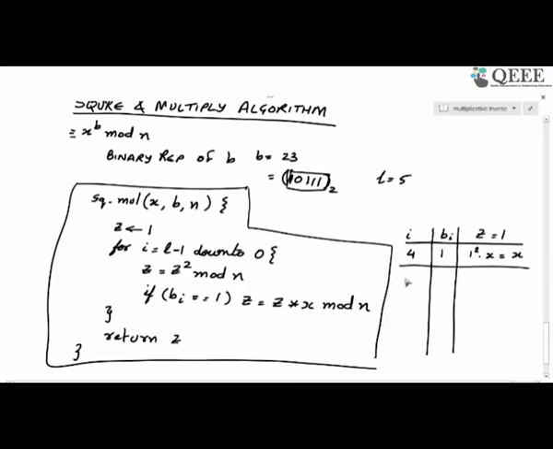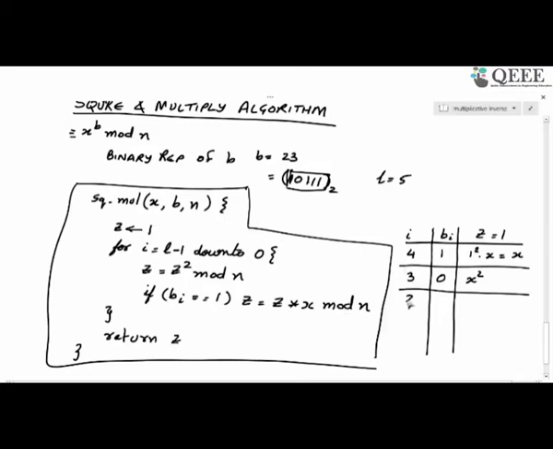Next iteration, I reduces by 1, so it becomes 3. Look at the corresponding bit over here, that is 0, and what you are doing is you're taking z and squaring it. So z has a value of x, so you're squaring it, and you're not doing anything else because you're not entering this if, because the value of bi is not equal to 1 and this if will fail.